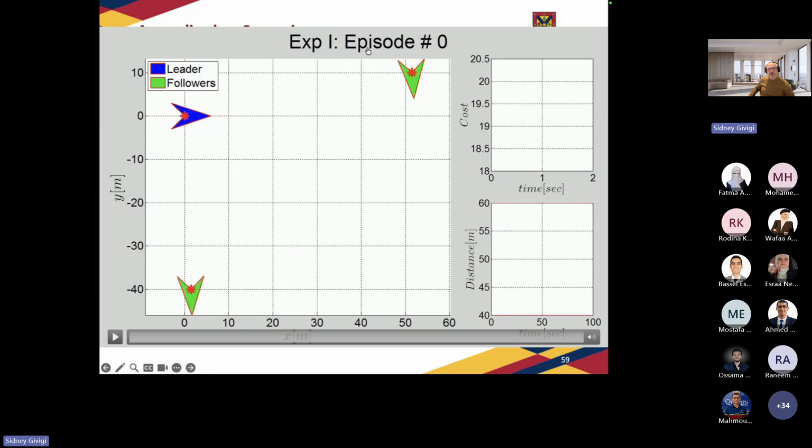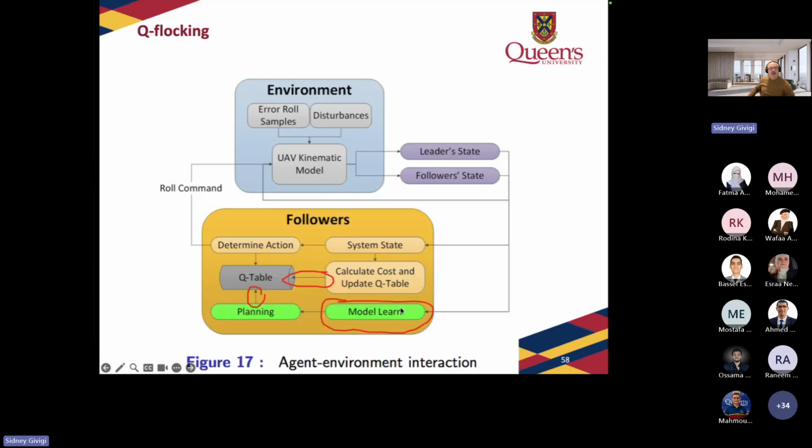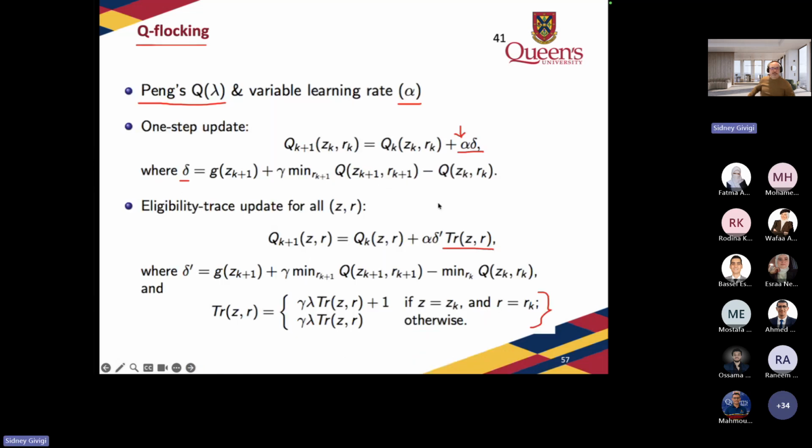So observe that the number of episodes that we use here is relatively small. We don't need a lot of interaction with the environment. Why not? Because we are using this indirect way, using eligibility traces that propagate this way farther in the past.